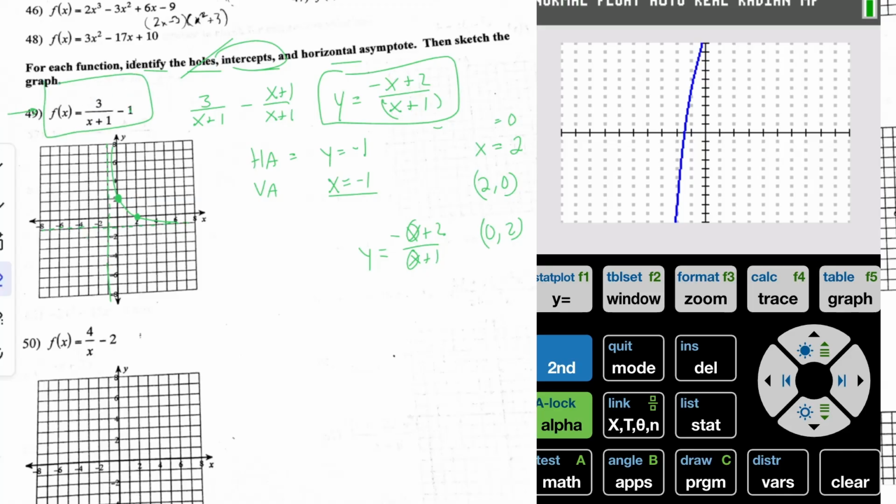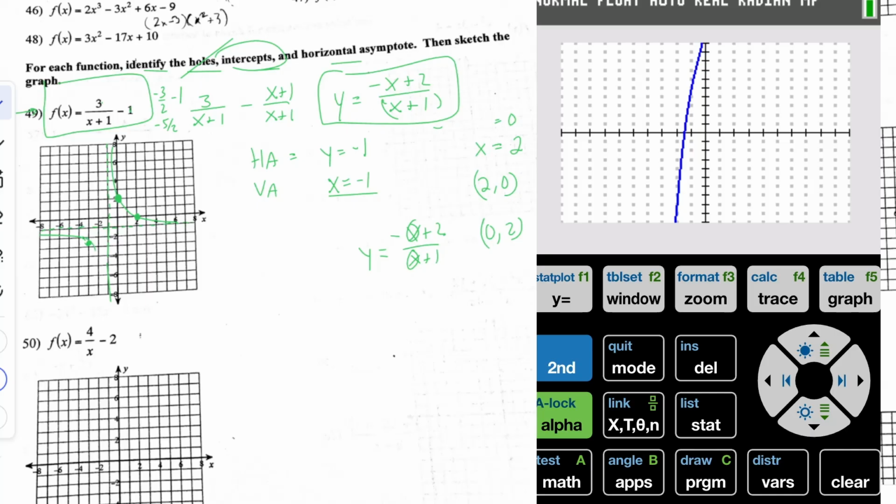I think just for fun, I'll use the original function. So I'll plug in -3. So I get 3 over -2. That's -1.5, so -5 halves, so just -2.5. So yeah, good enough for me.